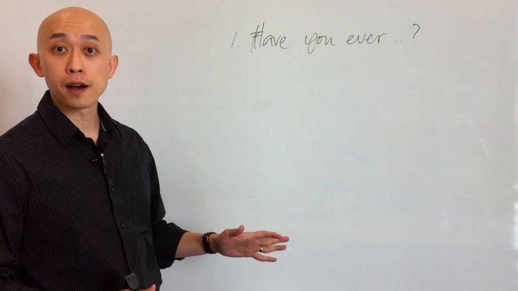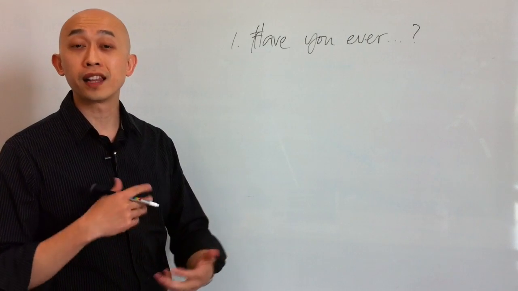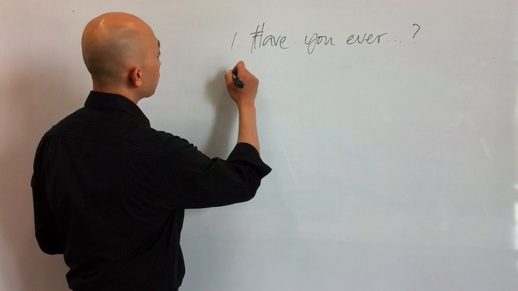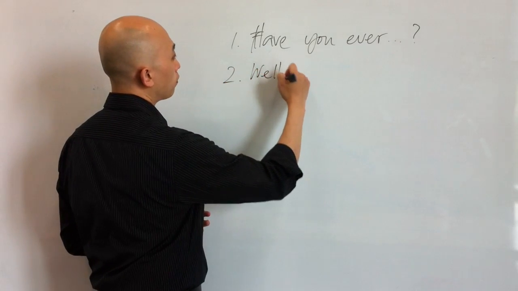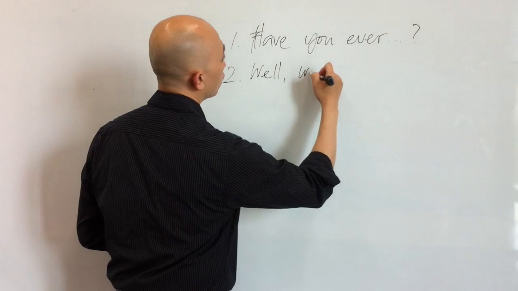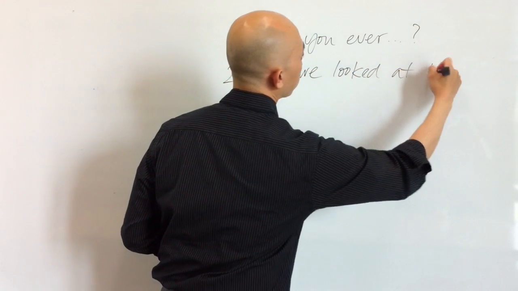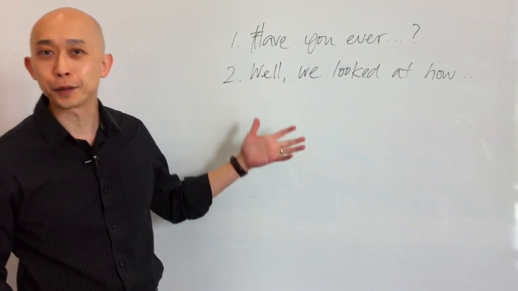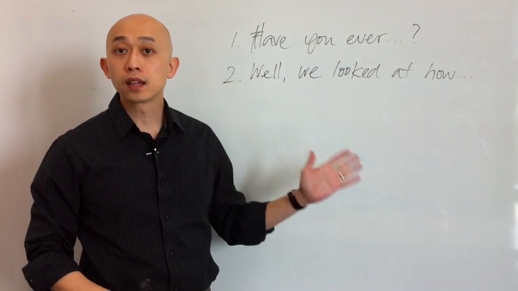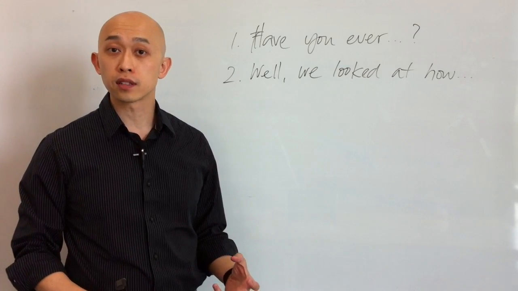Then you're going to want to talk about your solution, which is how you developed your solution. So you're going to say something like this. You're going to say, well, we looked at how we could come up with a solution for this.